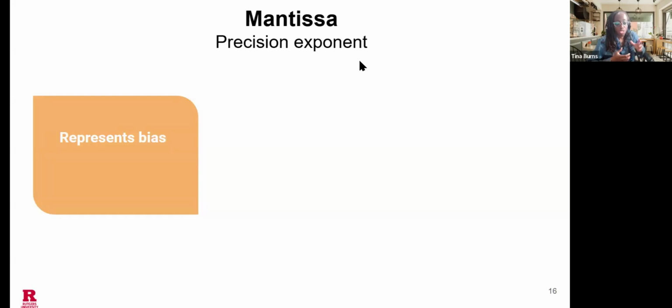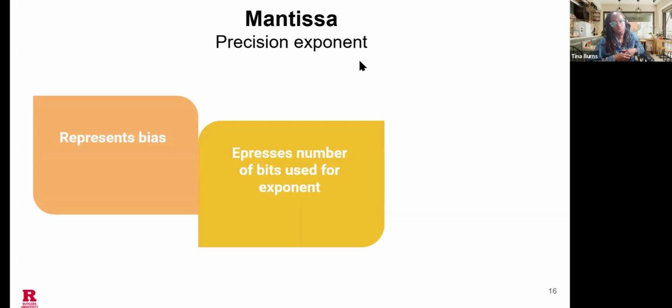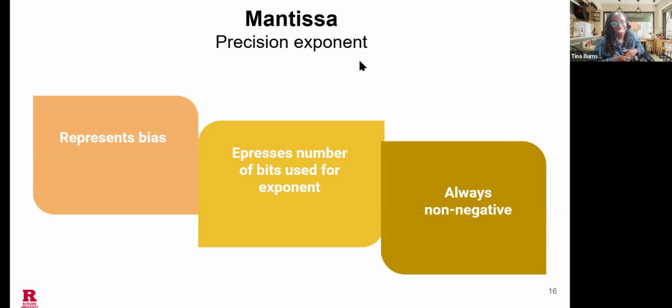So you have to include the precision of both the large number overall and also whatever bias you're using in that value. It's going to tell you the number of bits used for the exponent. And this value will always be non-negative. So the precision exponent for the mantissa is always going to be non-negative. It's going to tell you what the bias is, and it helps you really to know how many bits you're using for the exponent.